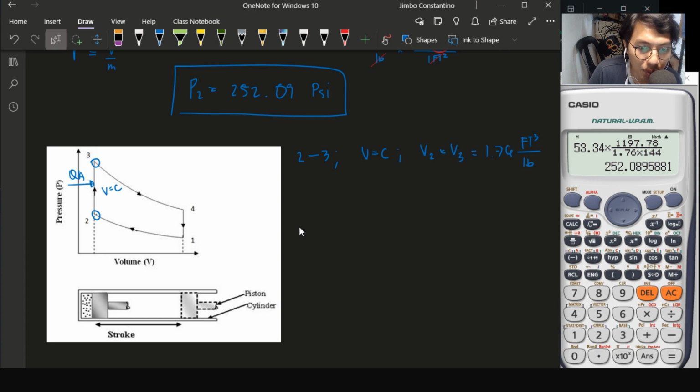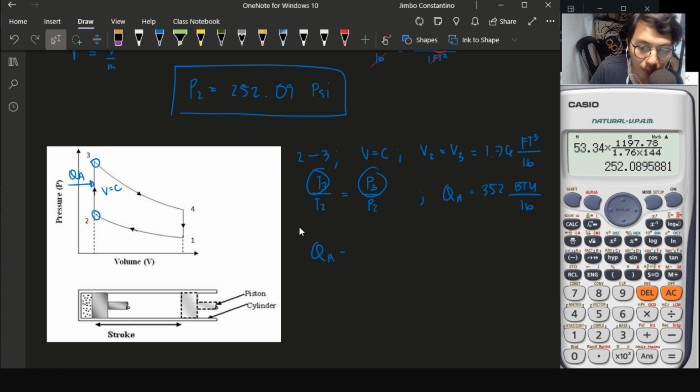So, pwede natin makuha yung temperature. T3 over T2 equal to P3 over P2. Dalawa yung missing natin. Wala tayong P3 and wala tayong T3. Pero may binigay tayong QA. 352 BTU per pound.